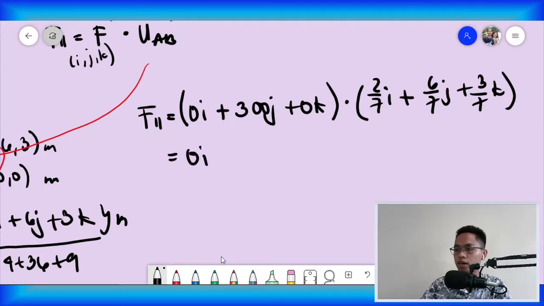So that would be 0i. It is gone, there is no unit vector.